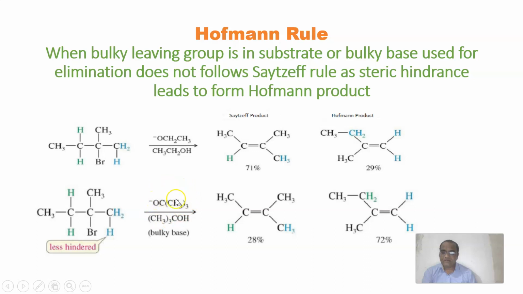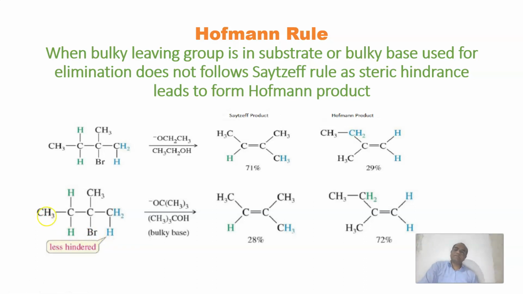this butoxide ion, right? So it is easy for this butoxide ion to remove the hydrogen from the CH2, but it is a little bit difficult to remove a hydrogen from this carbon, because here it has bromine from one side, and from the other side it has a CH3.